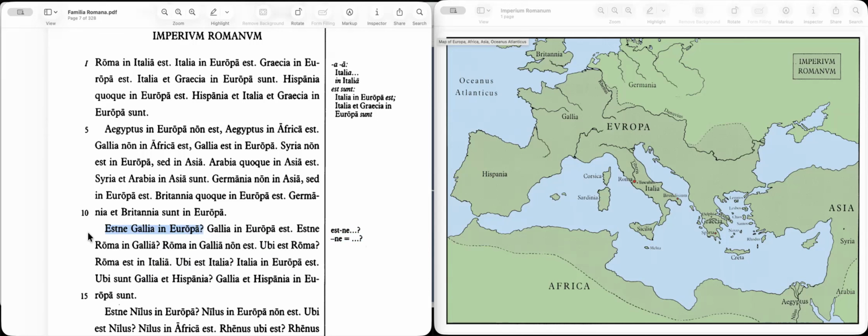The way you ask many questions in Latin is you take the verb, goes to the front of the sentence, and then you put a ne on the front of it. So is France Gallia in Europa? Estne Gallia in Europa? Gallia in Europa est.